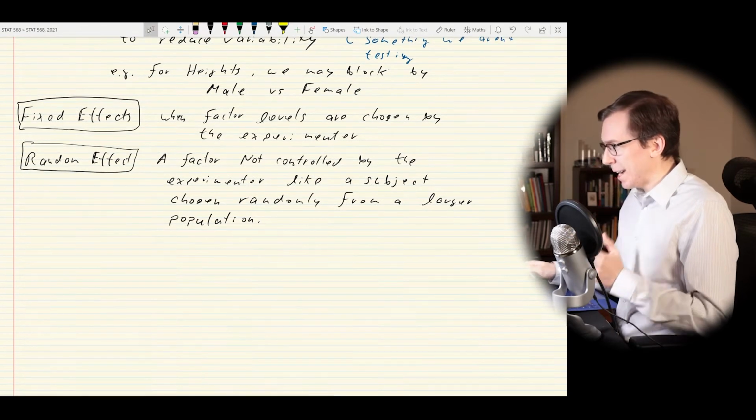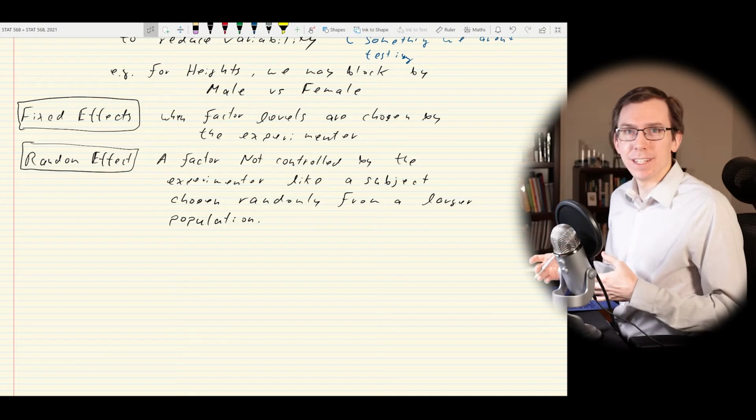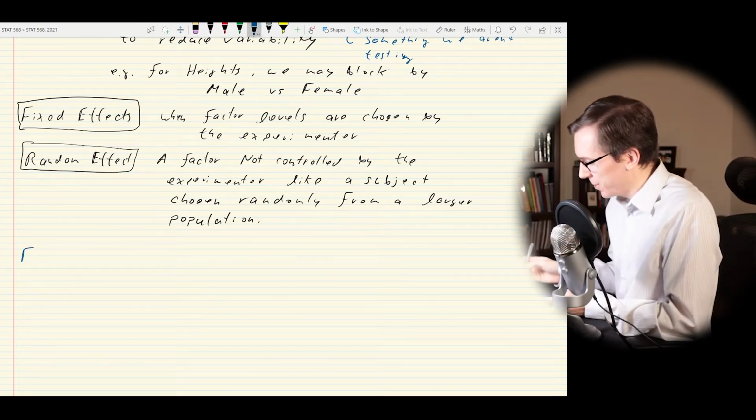To give an example of this, we're going to look at the rabbit data set, which is in one of the standard packages in R. Let's do an example to explain some of this terminology.